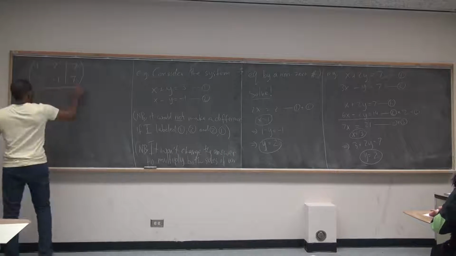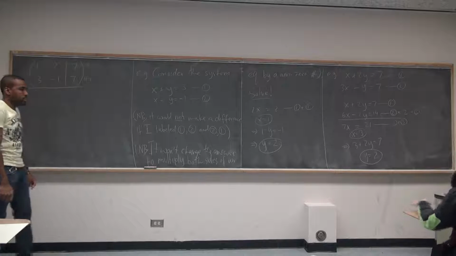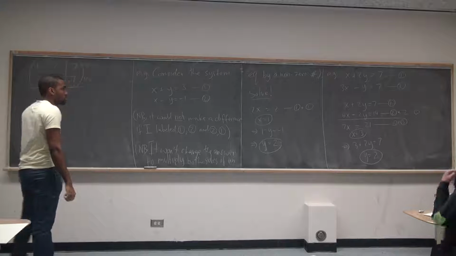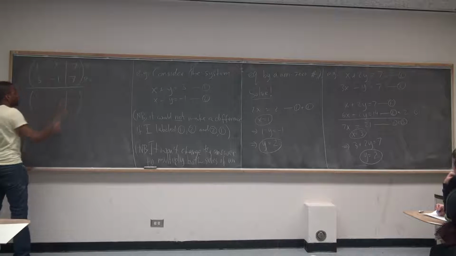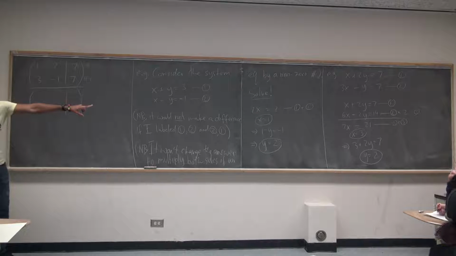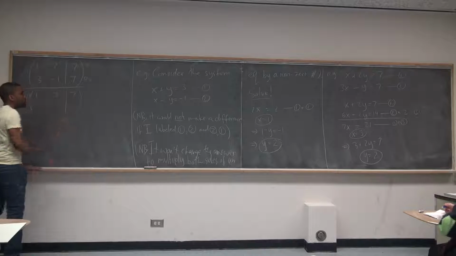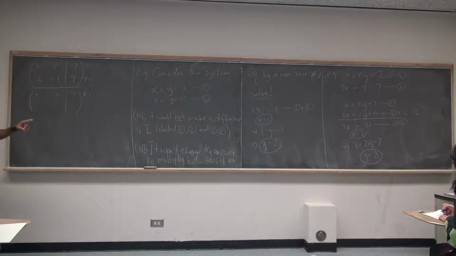Okay, let's try to mimic what we did over here with the augmented matrix. Here's my row 1, here's my row 2. What was the first thing I did? Take it one step at a time. For equation 1, at first I didn't do anything. I just left it there, 1, 2, 7. So I just recopied row 1. Row 2 I actually changed.